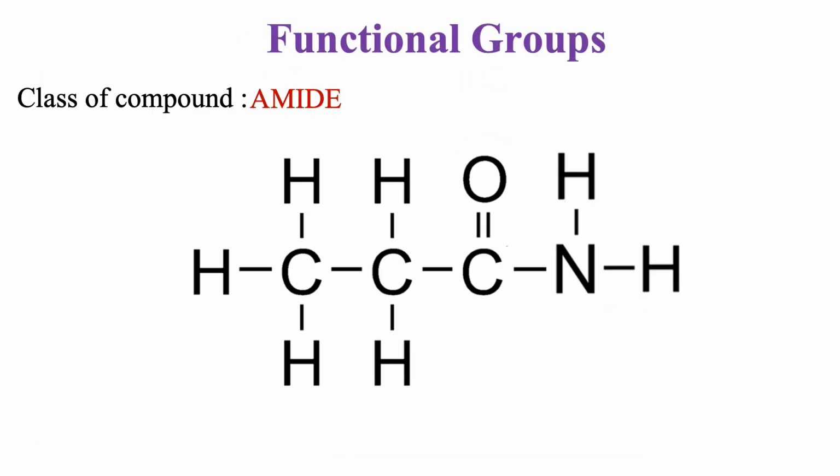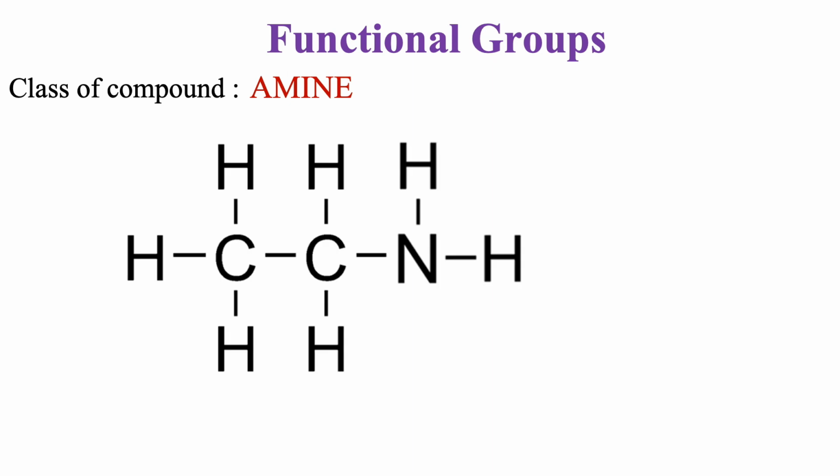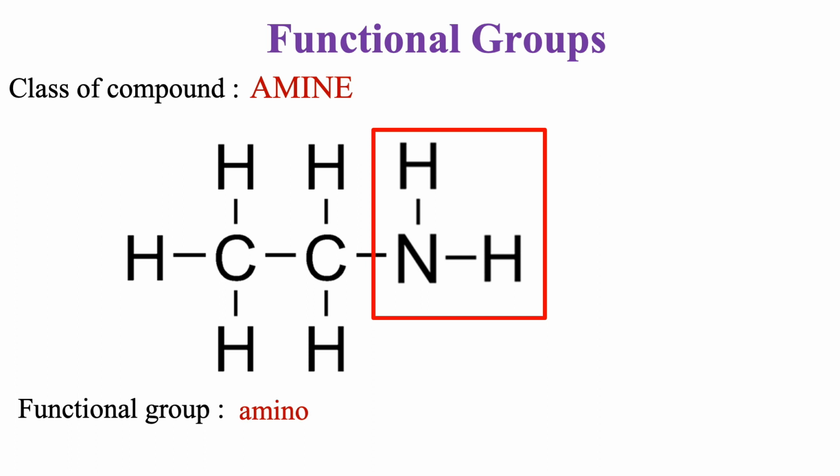The next class of compound is amide. This is an example of an amide compound. The functional group is known as carboxamide. The next class of compound is amine. This is an example of an amine compound, and the functional group is known as amino.